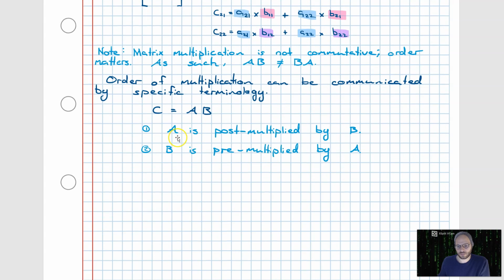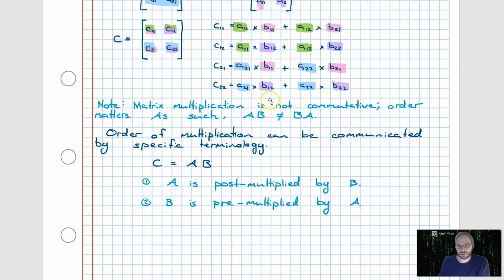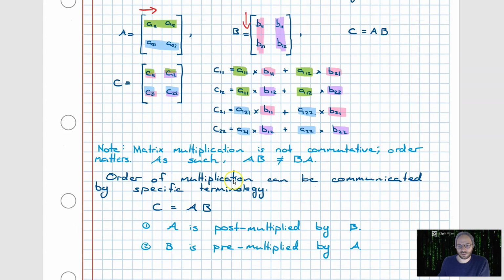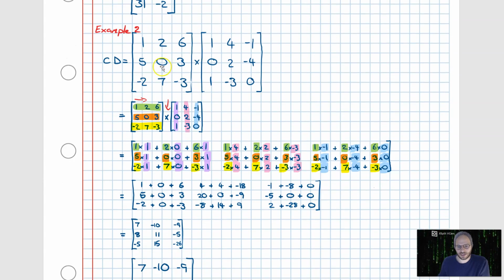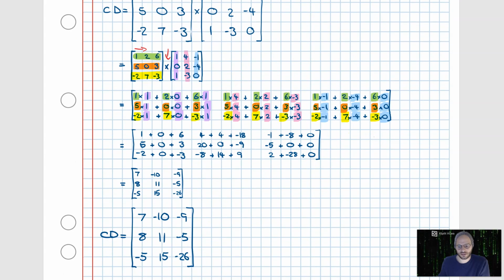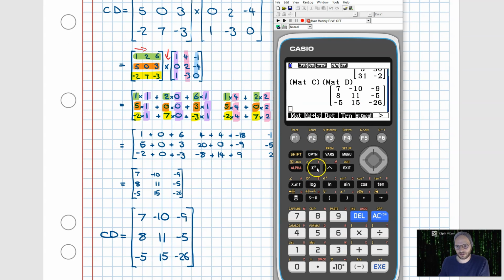Then we had a look at some terminology of how we can explain the multiplication of A and B, that being A is post-multiplied by B and B is pre-multiplied by A. After all of this terminology and theory was out of the way, we had a look at these two examples. So we multiplied a 2 by 2 matrix and a 3 by 3 matrix, as well as verified using technology.